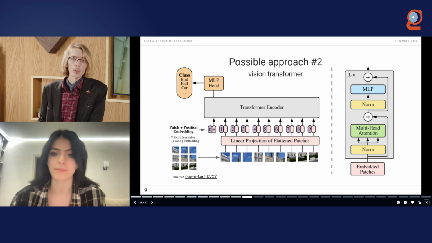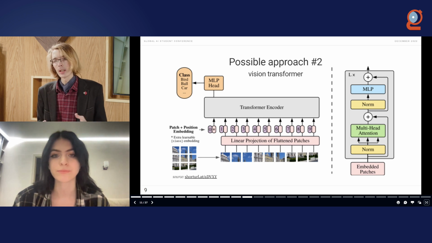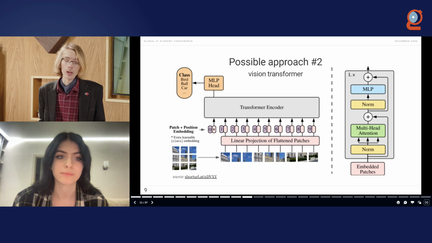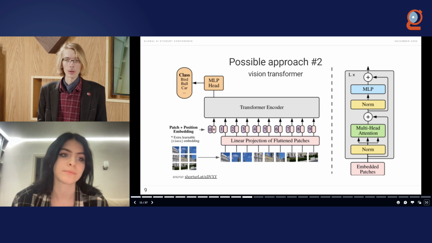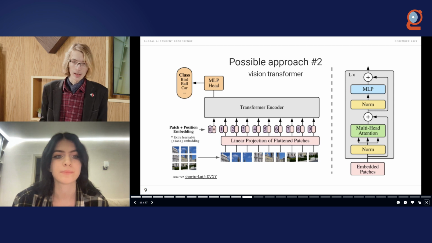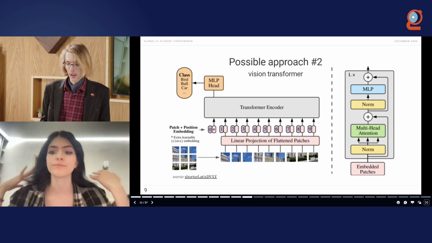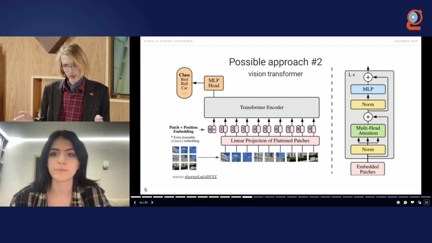The key idea is the following: we can split the input image into some segments, organize them in a sequence, just like a sentence, for example, and feed them directly into a transformer encoder in order to predict something. In our case, to check whether in our image, in our patch of the image, there is a car in some parking space or not.